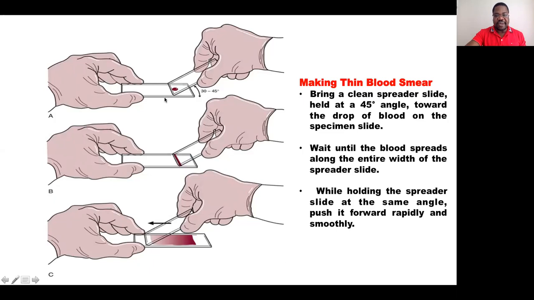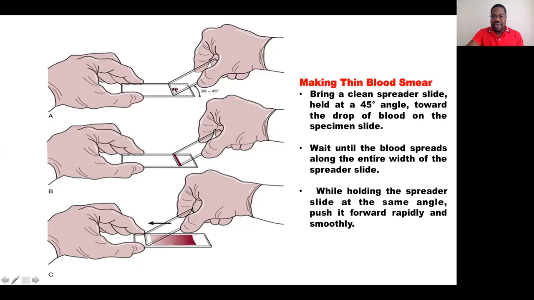Now you can see here that you need two clean slides, okay? So this is one slide with a drop of blood there. Then you bring the second slide and place it next to the drop, okay?